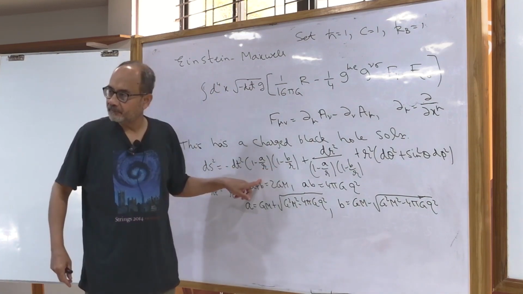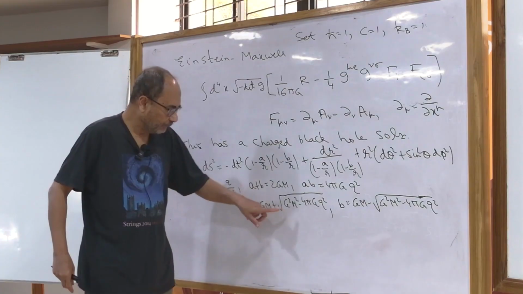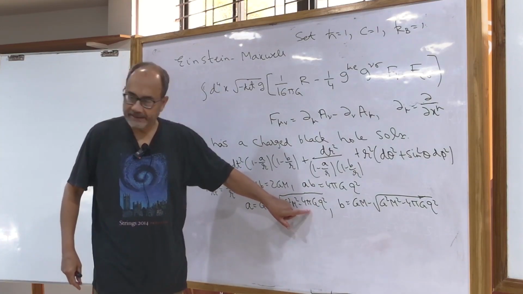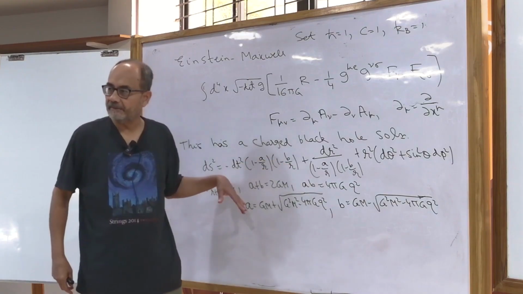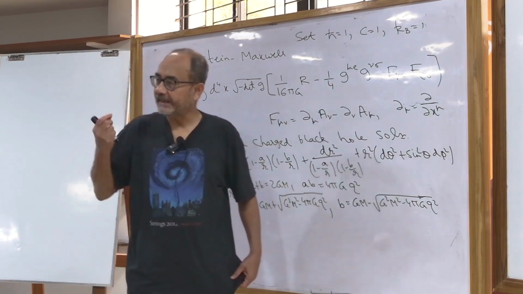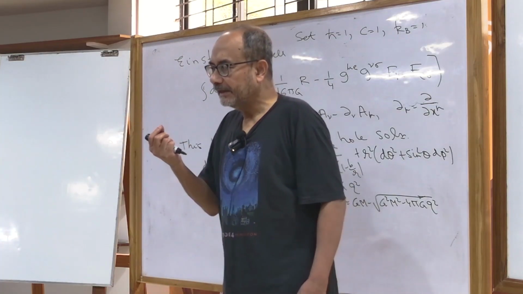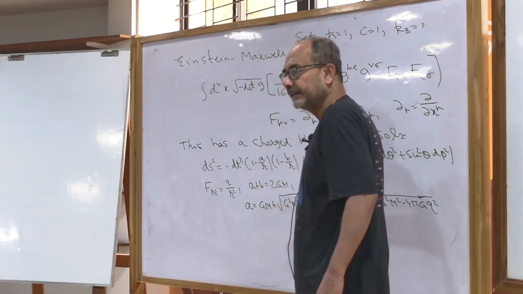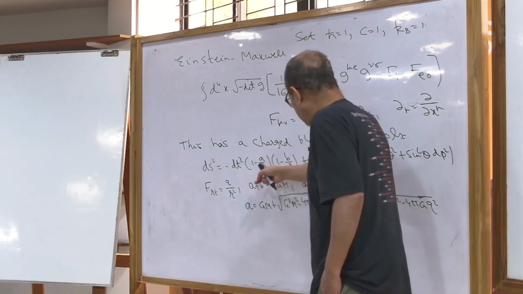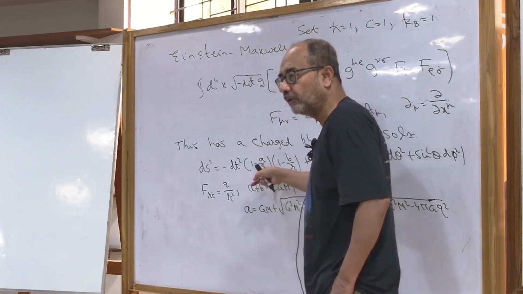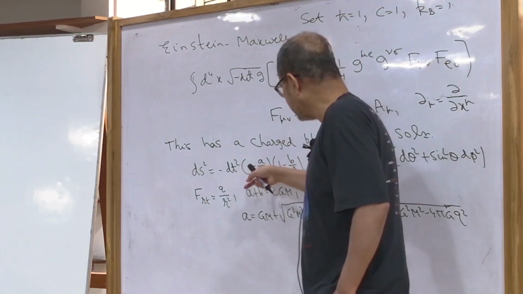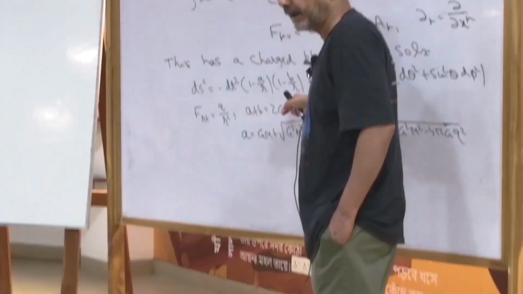And if this thing becomes less than 0, then this quantity doesn't vanish for any value of r. See, r is real. If this is complex, then r can never be equal to a. You see from this formula, this vanishes when r is equal to a, because it's 1 minus a over r times 1 minus b over r.